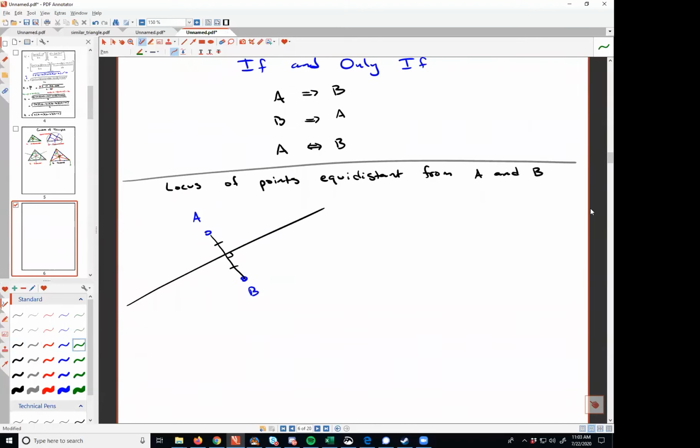We're gonna use more triangle math here. Let's say that we have two statements, statement 1 and statement 2. And we want to prove that these are equivalent statements.